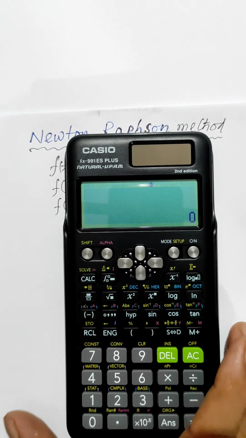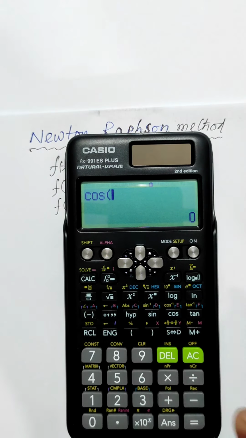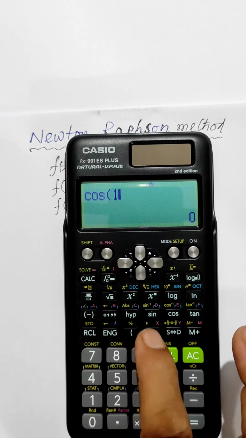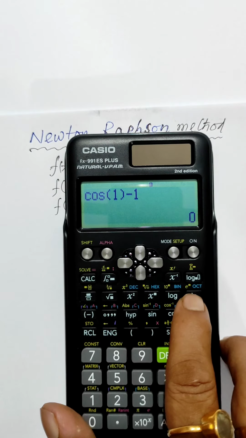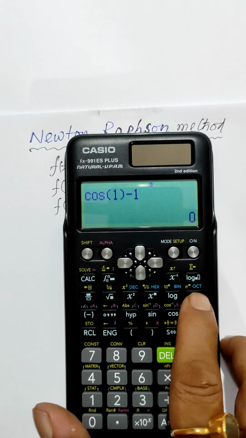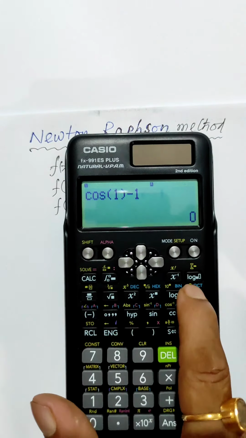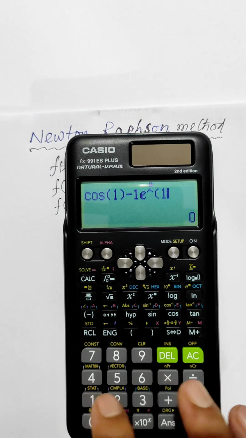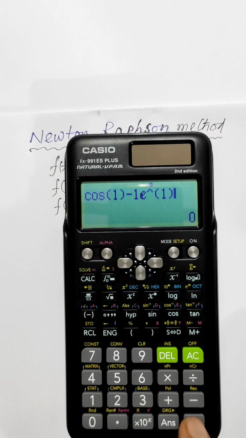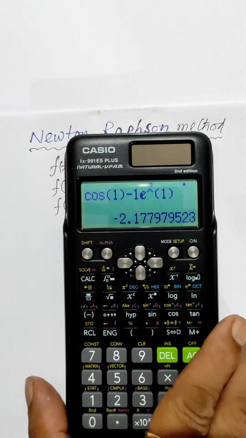See here, cos 1 bracket close minus 1, and your exponential is here, so you have to use the shift key, shift this one e to the power 1, so 1 bracket close. So your value is minus 2.177979523.